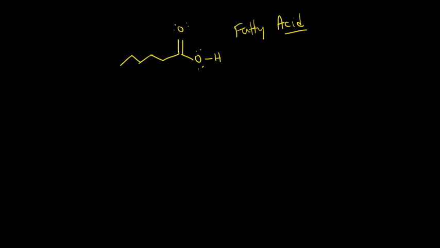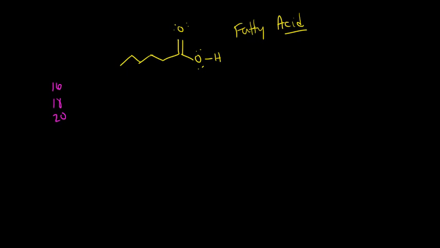So in this video, what we're going to focus mostly on is figuring out how we can name these fatty acids. I'll start off by mentioning that in biology, in your body, there are some common lengths of fatty acids. Carbon chain lengths of 16, 18, and 20 tend to be pretty common.